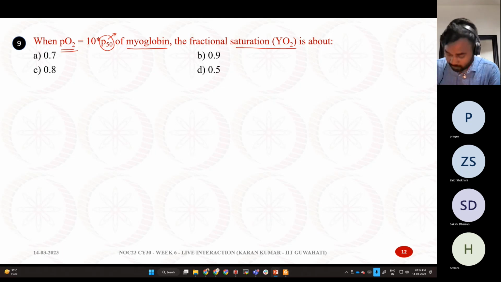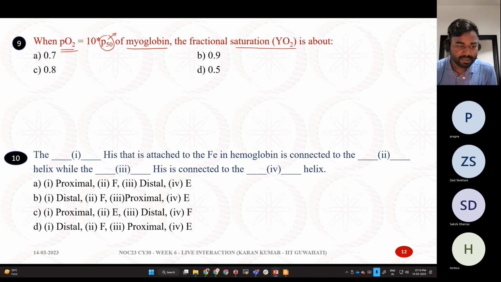Okay. Now coming to the next question. This is regarding hemoglobin. The dash histidine attached to the ferrous ion in hemoglobin is connected to the dash helix, while the dash histidine is connected to the dash helix.